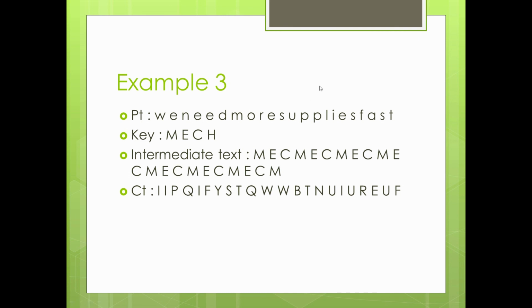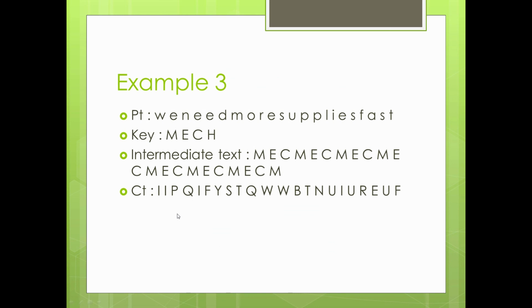And for the third example, let me take the plain text as "we need more supplies fast", and the key is make. So the intermediate text will be the repetition of the make keyword until the length of the intermediate text becomes equal to the plain text. And so similarly, the first character in the plain text here is W, and the first one in the intermediate text is M. So W and M. So find where is W and find where is M in the column.